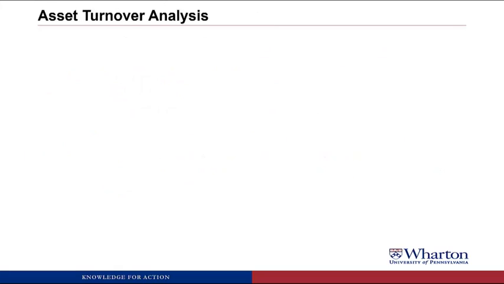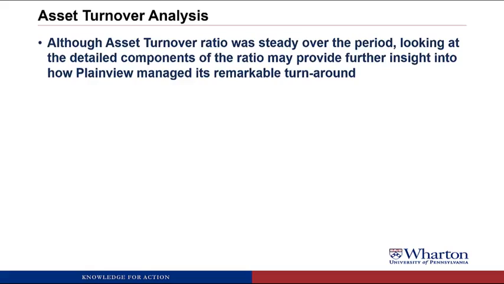One place to look for further information on how Plainview is doing is to do a detailed asset turnover analysis. Although Plainview's asset turnover ratio was steady over the period, looking at the detailed components of the ratio may give us more insight into what happened with Plainview's turnaround.